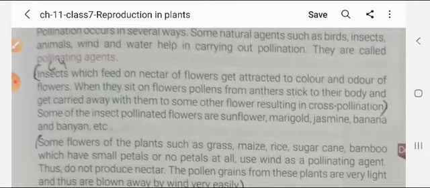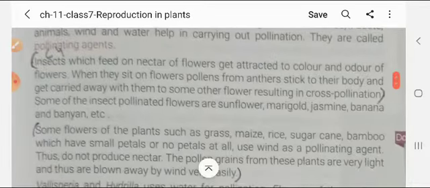Due to the attraction of its color and odor, butterfly-like insects come and sit on the flower, and while sitting, the pollen grain from the anther gets stuck to their thin legs.